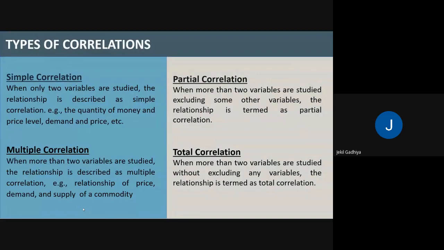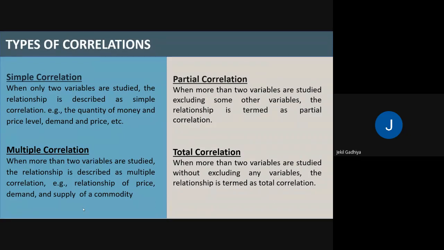So these are the types of correlationship: positive and negative. Positive means growth with growth, or increment or decrement in the same direction of both variables, whereas in negative, both are in opposite directions. In linear, the ratio will be the same. In non-linear, the ratio is not the same.